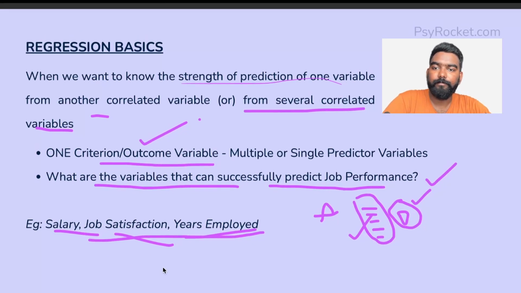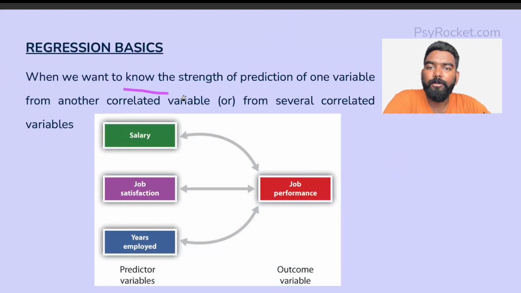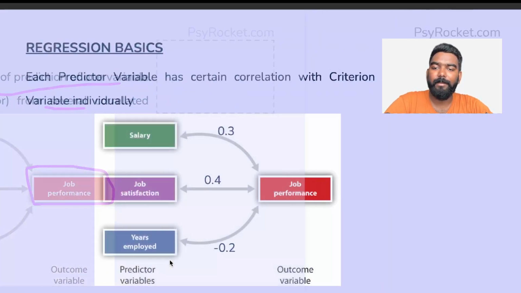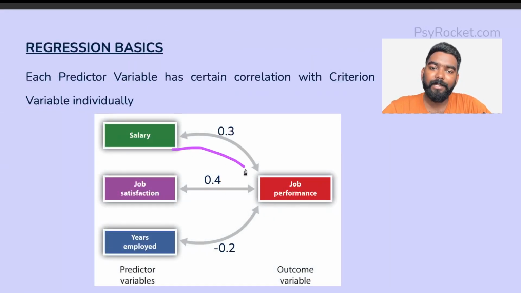We want to know the strength of prediction of one variable from another correlated variable or from several correlated variables. Suppose your outcome variable is job performance. Which of the variables will successfully predict this particular job performance, or how successfully can each variable predict? And you have three variables, right? Salary, job satisfaction, and years of employment. Each will have a particular amount of correlation, right? Salary might have a positive correlation with job performance.